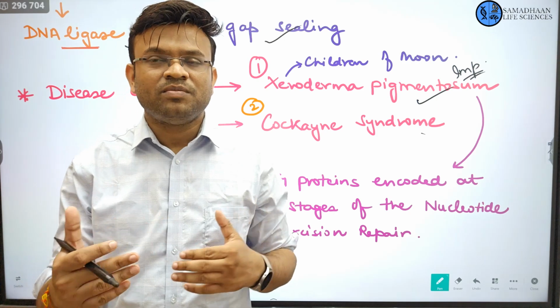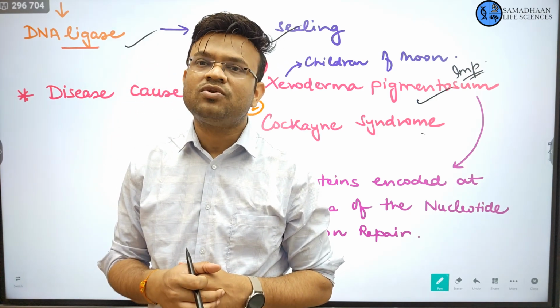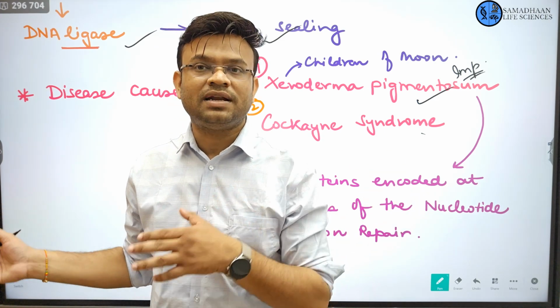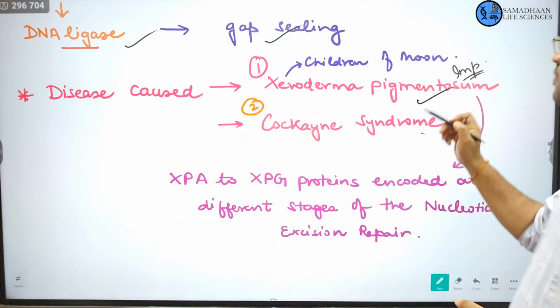That kind of mutation might be fatal to these children. That is why they are not allowed to play during the daytime, and these children are allowed to play only in the night. That is why these children are also called children of the moon.